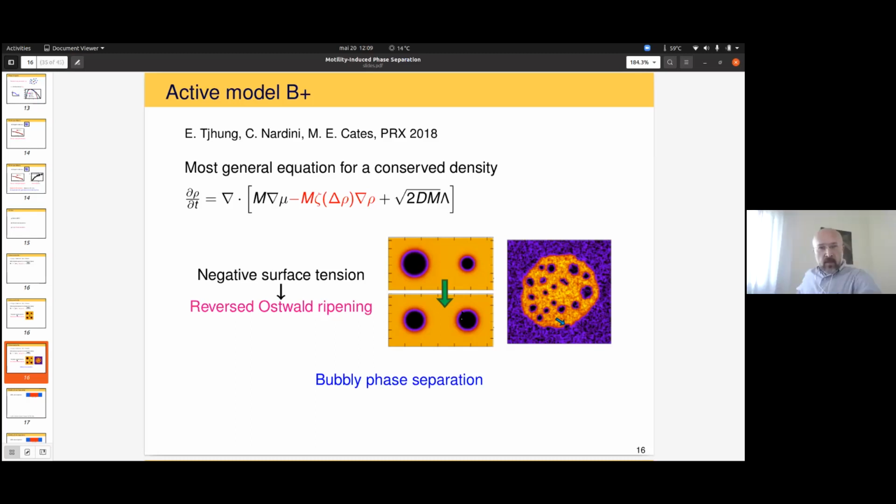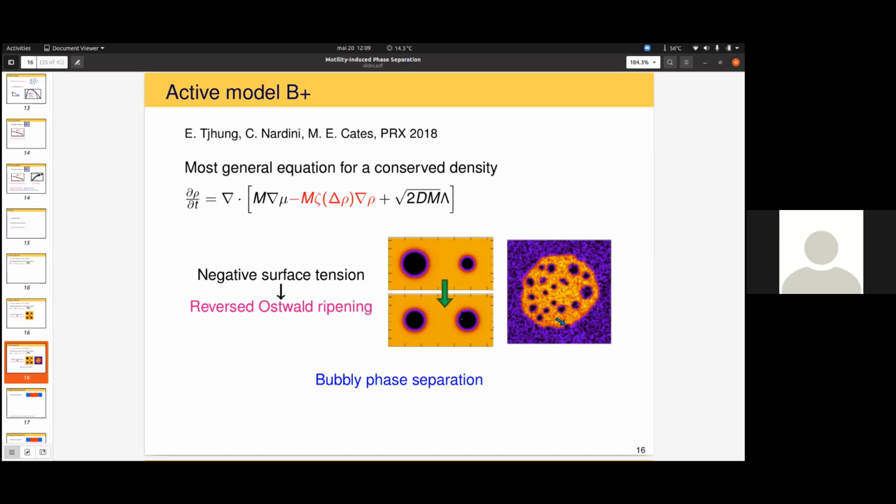Margarita, please. I think the region where they don't see the bubbly phase in the Active Model B plus is when the surface tension, in my language, which Mike does not like, is positive. Because if you have this general model, you can find regions of phase space where the activity is such that the combination of those parameters will give you a positive delta P, or a positive surface tension.